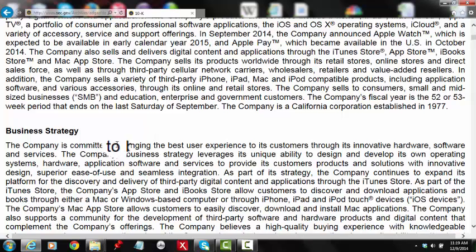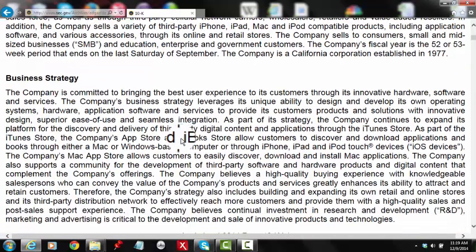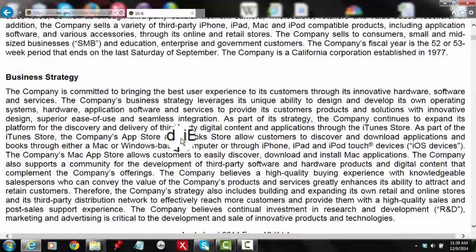On the business strategy, it says the company is committed to bringing the best user experience. Obviously, who doesn't do that? The company continues to expand its platform for the discovery and delivery of third-party digital content.